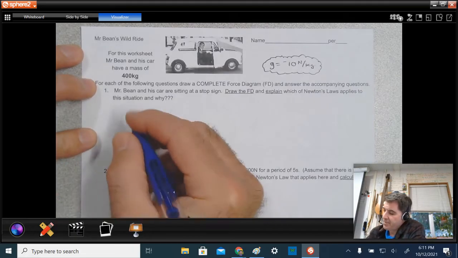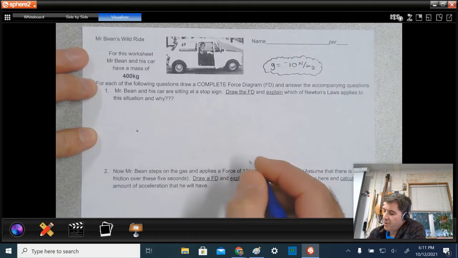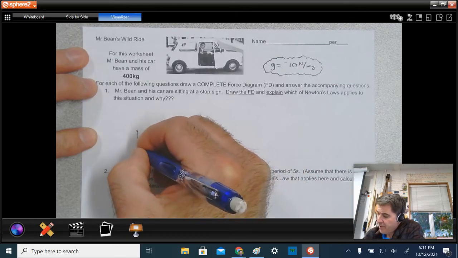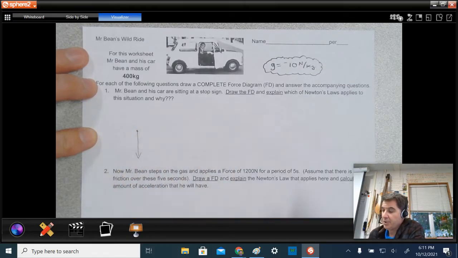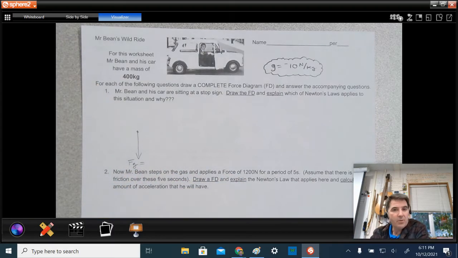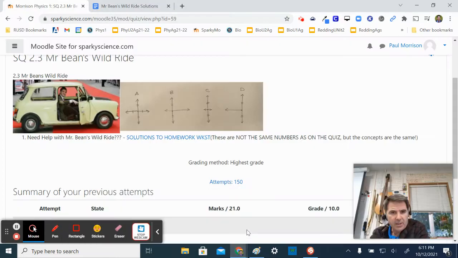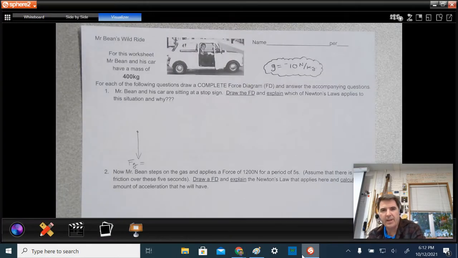So he's sitting at a stop sign. So the first thing we do is we draw a dot to represent his car, and then we draw our little force going down. This force is the force of gravity. Hold on one second, I'm going to double check something. Force of gravity. Okay.